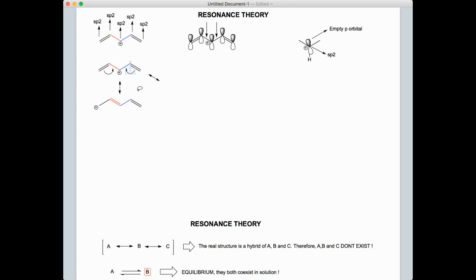I'm going to color code the curved arrow so you guys know what I'm doing. This is to show the double bond here. This one is to show the double bond on the other side.